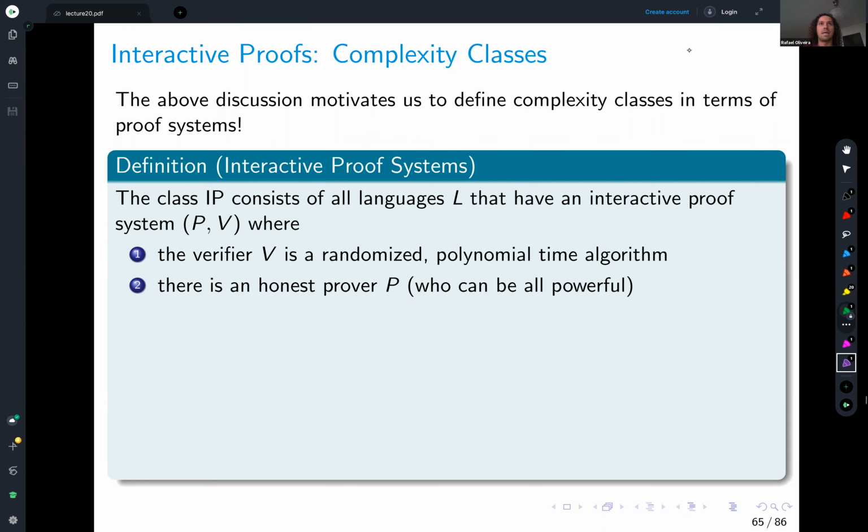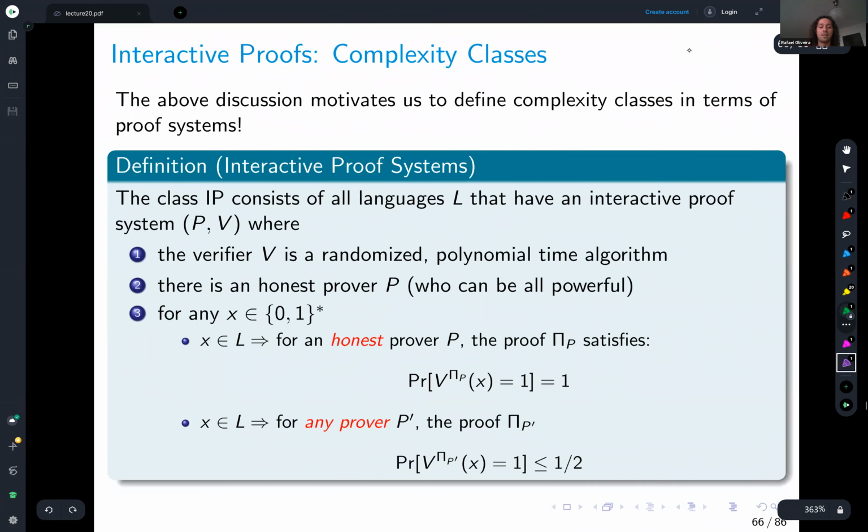And now for any input X, if X is in the language, then an honest prover will give you a proof pi of X such that our verifier will always accept.